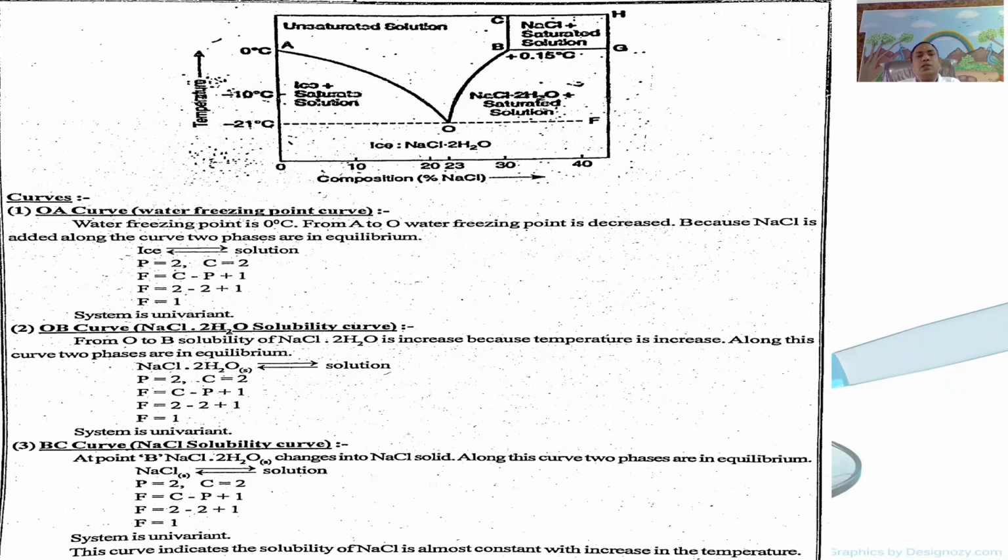Generally, the sodium chloride water system is a two-component system consisting of three phases: solid sodium chloride, solid water, and solution of sodium chloride water. Here, due to the absence of gaseous phase, it is a condensed system.